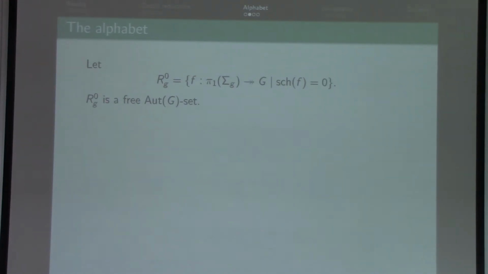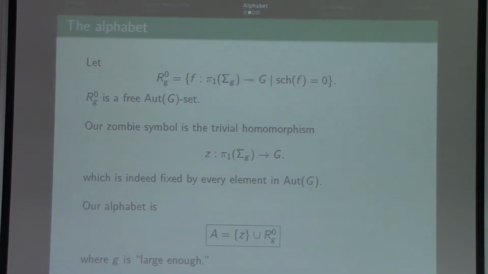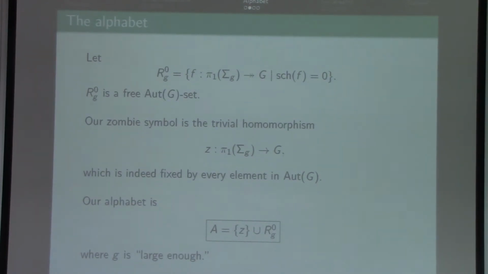If I have a surjection from pi1 of anything to G, and an automorphism of G that fixes that surjection, that automorphism has to be trivial. Our zombie symbol, as I indicated, is going to be the trivial homomorphism. This is highly not surjective. It does have a trivial Schur invariant, and it's fixed by every element of the automorphism group of G.